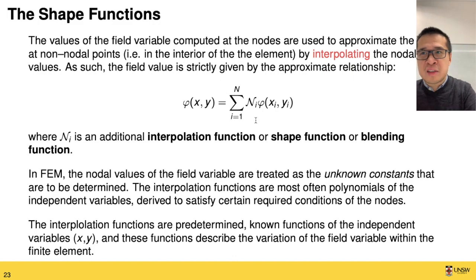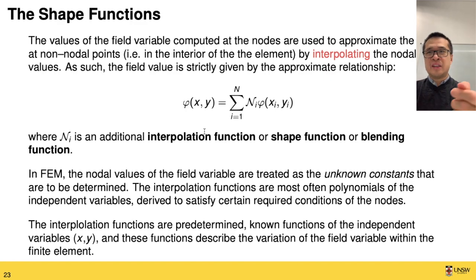And in this case, we call that N, right? So rather than summing up the value at individual nodes, you must multiply the field variable at that node with the corresponding shape function. So the shape functions basically allow you to interpolate the behavior of your field variable, in this case displacement, at different points of your element or the whole shape, right?